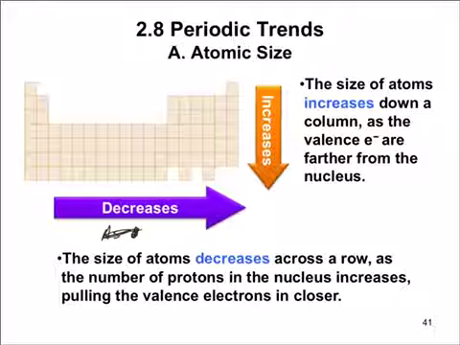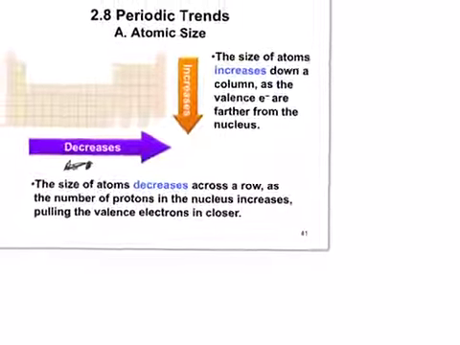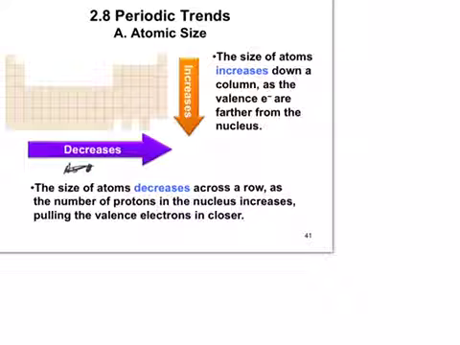I don't like the way they draw this. I always draw it differently. So, let me just shrink this down a little bit and draw the way I draw it. I draw my crappy periodic table, and I go, atomic size increases as you go down, and atomic size decreases as you go across.